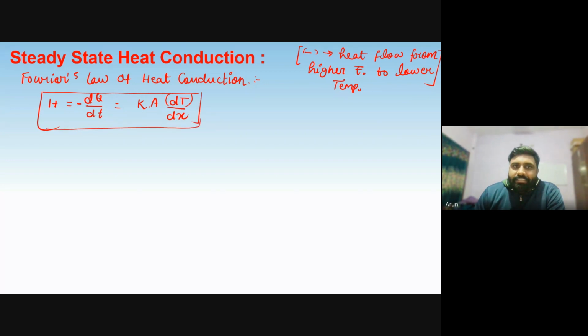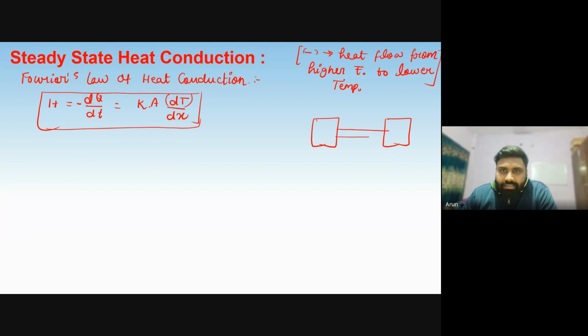Now, what is steady state heat conduction? Let's say these are the blocks of higher temperature and lower temperature, and this is the rod that we use to transfer the heat. So initially, what will happen? The temperature difference is very great, so due to that there is an unsteady flow of heat.